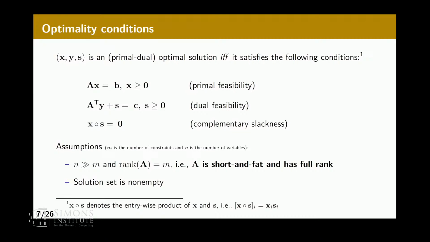Now, for those of you who work in randomized linear algebra, you're going to recognize why I'm doing this. We're going to focus on problems where the constraint matrix A is either tall and thin, so you have a lot more constraints than variables, or short and fat, so you have a small number of constraints, a lot of variables, or it has exact low rank.